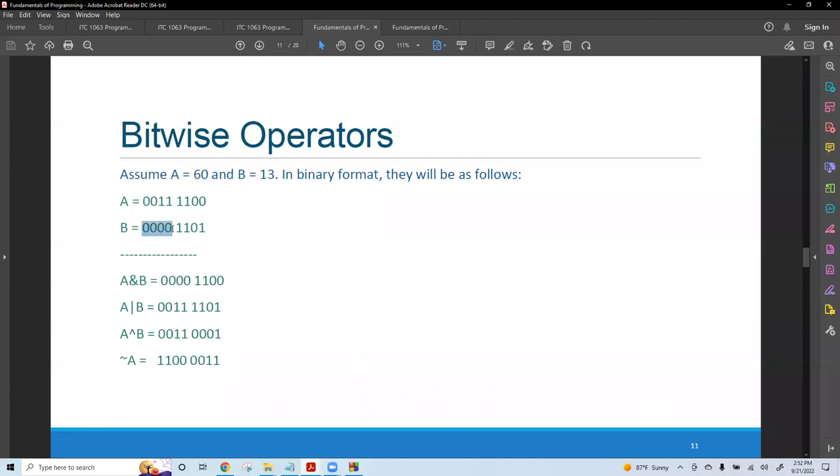Over the other bits, all the other 4 bits, results would be all 0. So these are called bitwise operations. Right? The operations are done in a bitwise manner.